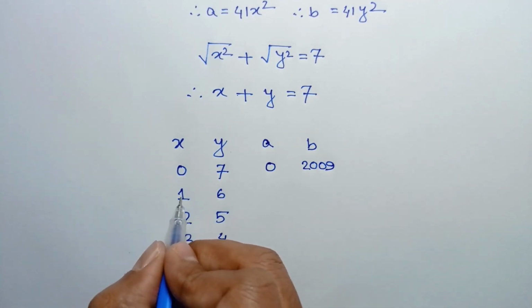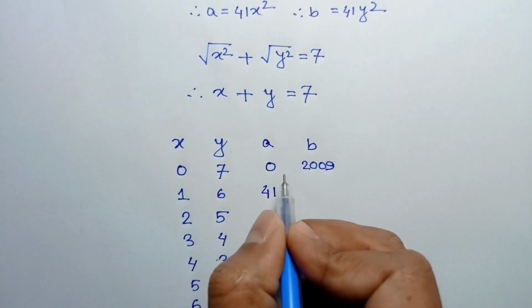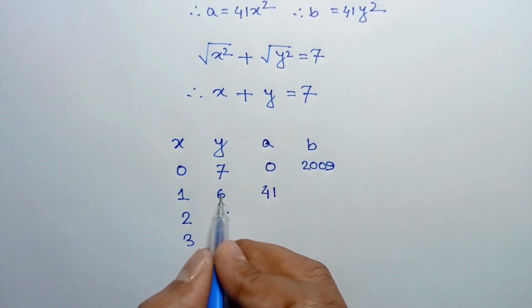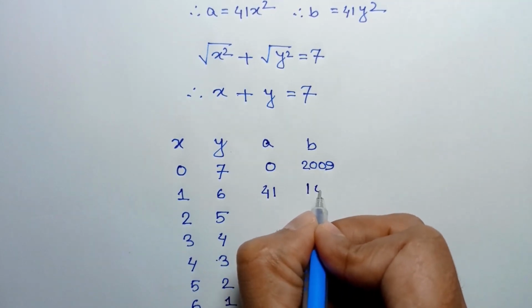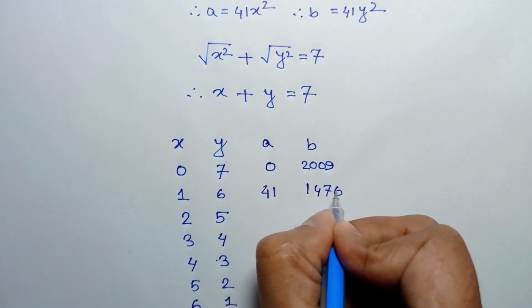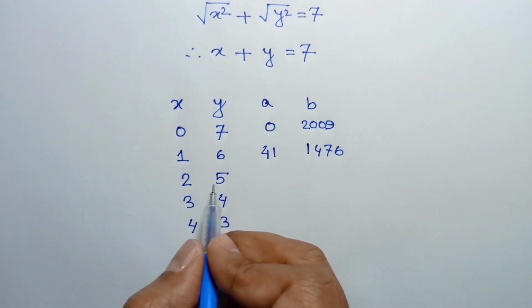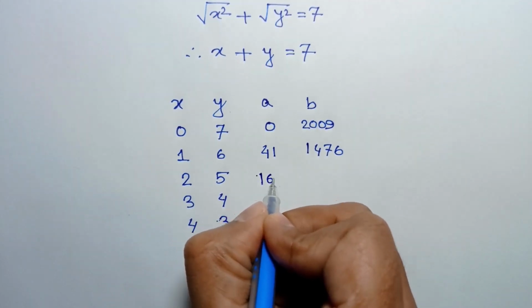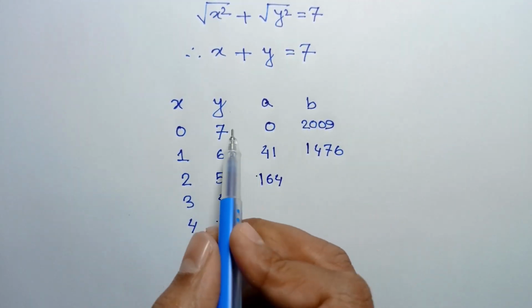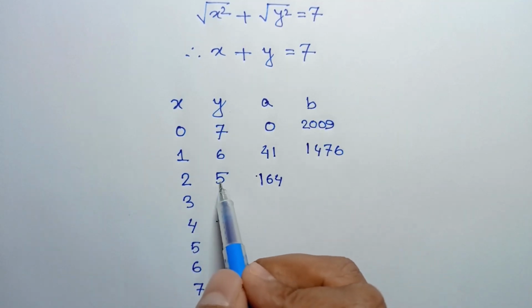When x is equal to 1, a will be 41, and when y is equal to 6, then the value of b will be 1476. When x is equal to 2, the value of a will be 164, and when y is equal to 5, the value of b is equal to 1025.